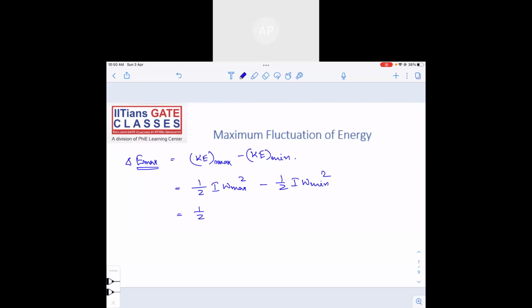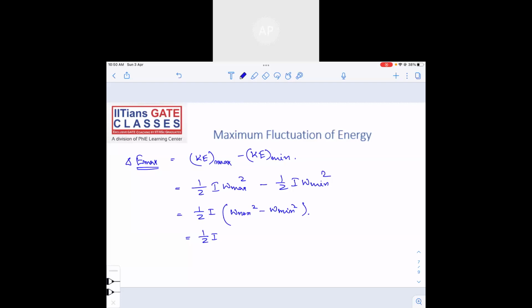Half I, and I can take common: omega max square minus omega min square, right? So I can apply the a square minus b square formula.